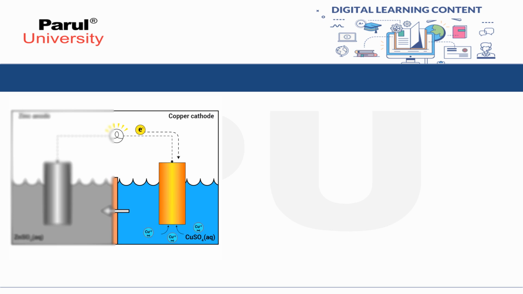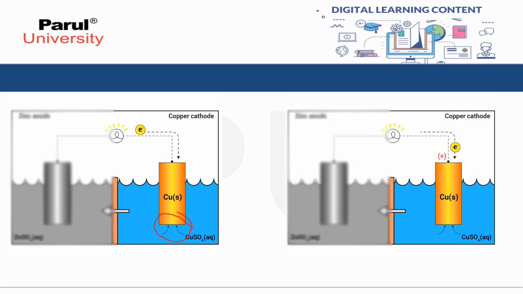That means it gains the electron through the external circuit. And from the copper sulfate solution, the Cu2+ ions get deposited by accepting these electrons. As you can see here in the second image, the copper ion from the solution accepts the electrons from the outer circuit and gets deposited on this copper cathode.